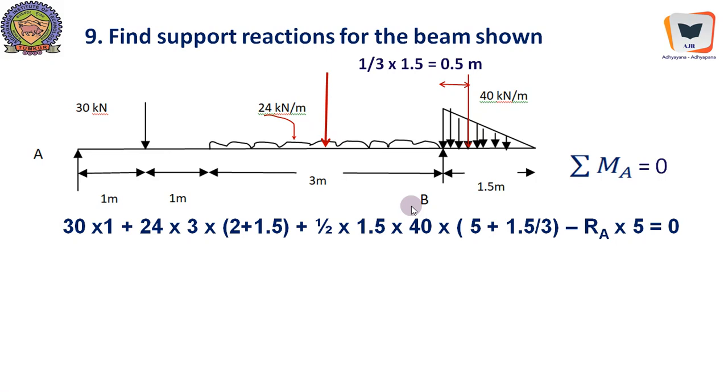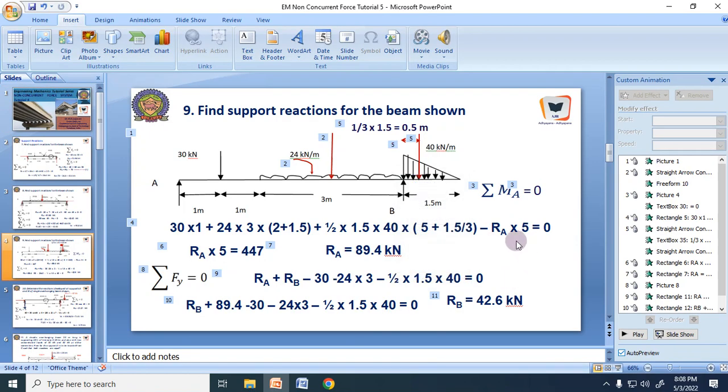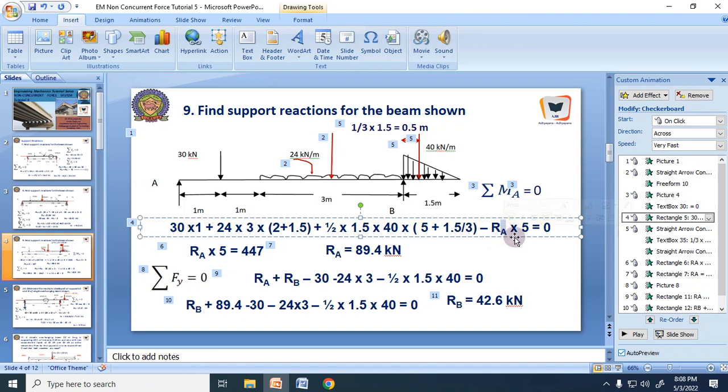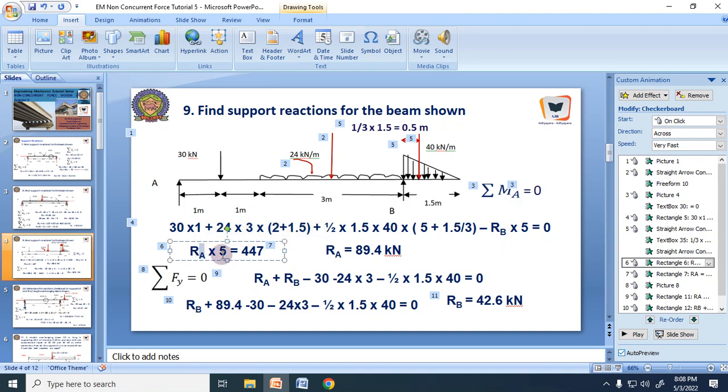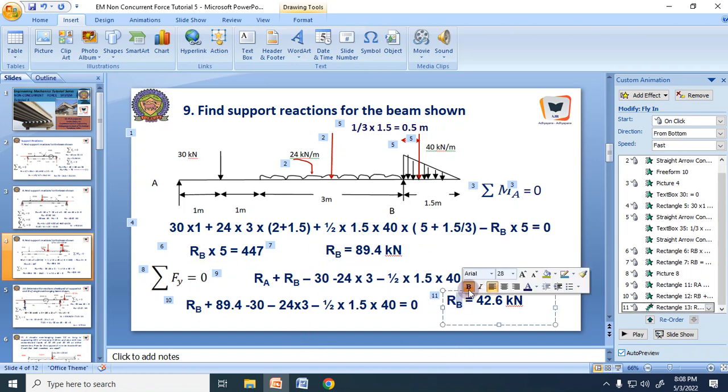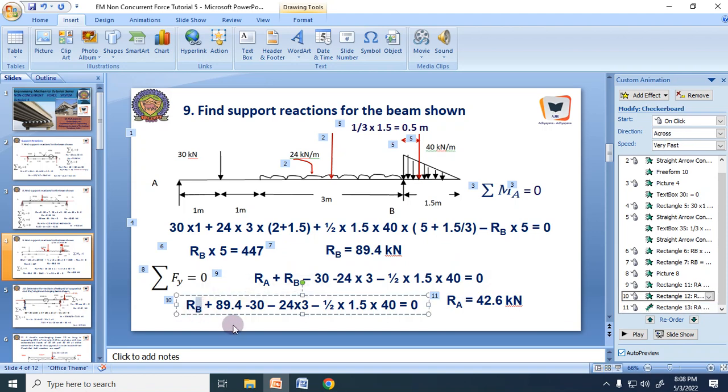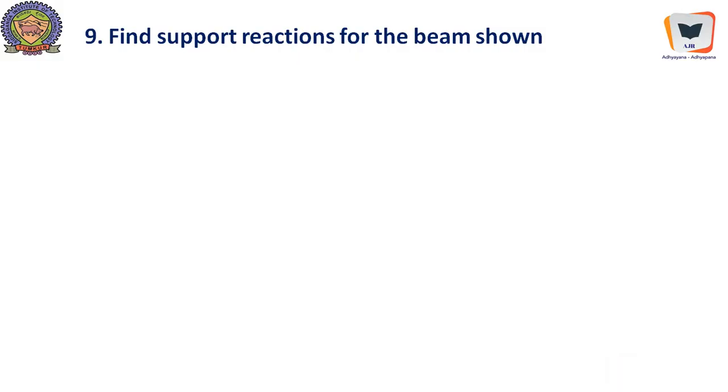Yeah, it should be RB into 5. Right here it should become RA, because we have already solved for it, so sorry for this minor correction. Yeah, so solved. Now we'll go back again.